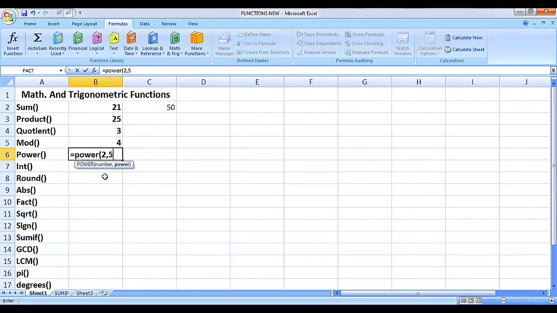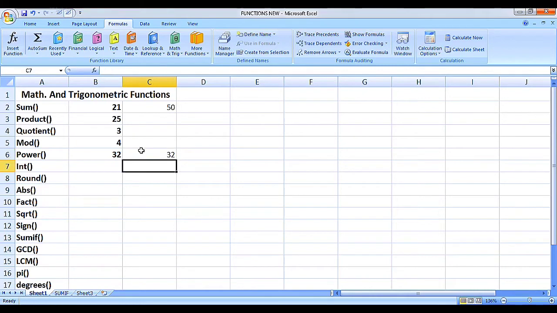Then second argument, that is exponent, is 5. And the answer is 32. You can also perform this using the caret operator or exponentiation operator. For that, 2, then caret symbol, then 5. The result is the same.